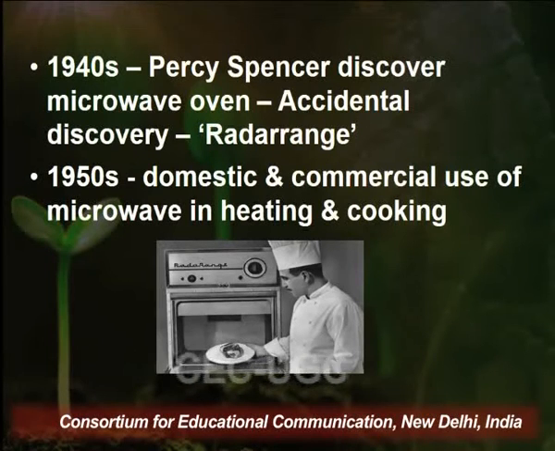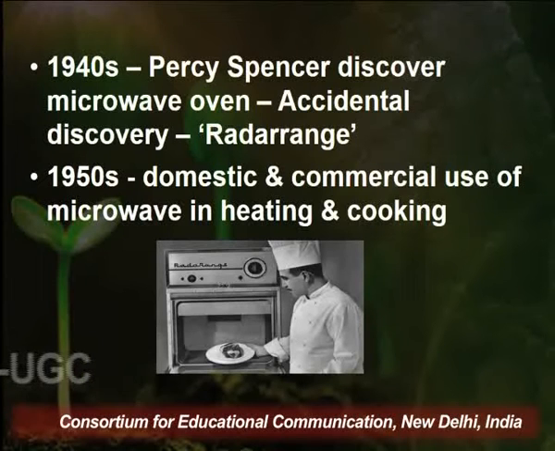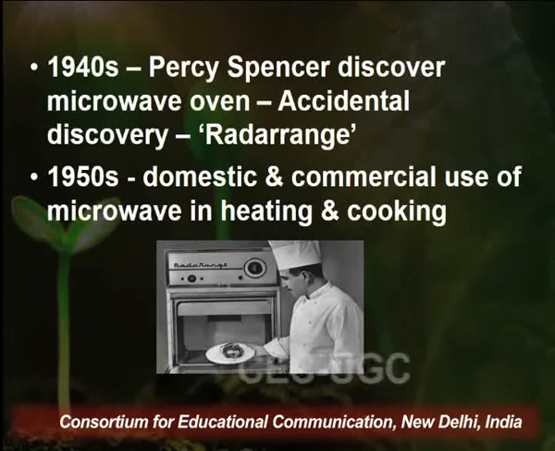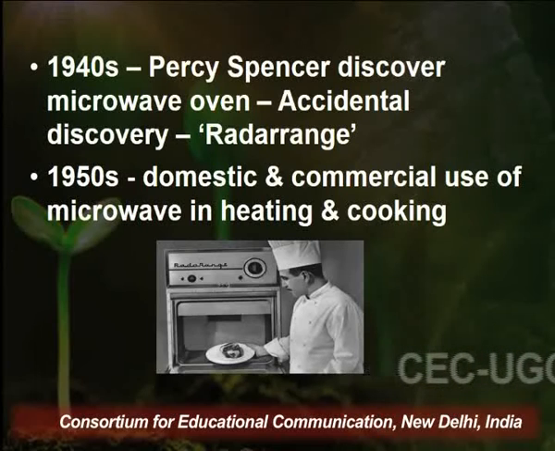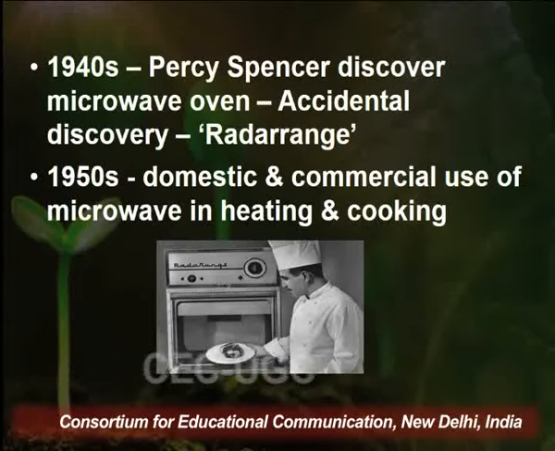It was in the 1940s when an American scientist, Percy Spencer, accidentally discovered that microwaves also cause heating effects. What happened was, he was working in his laboratory using a magnetron for further improving radar telecommunication. He was initially working on radar telecommunication only.